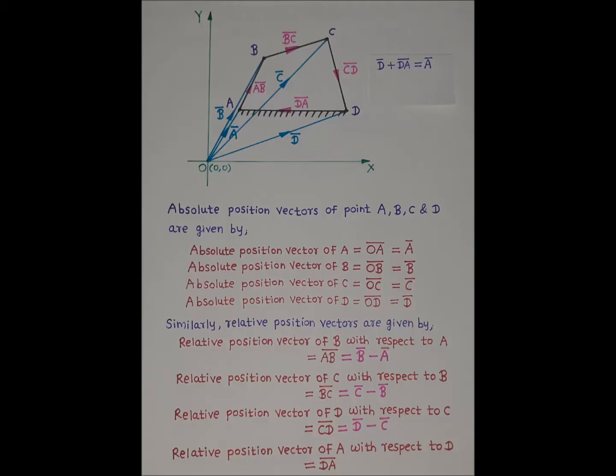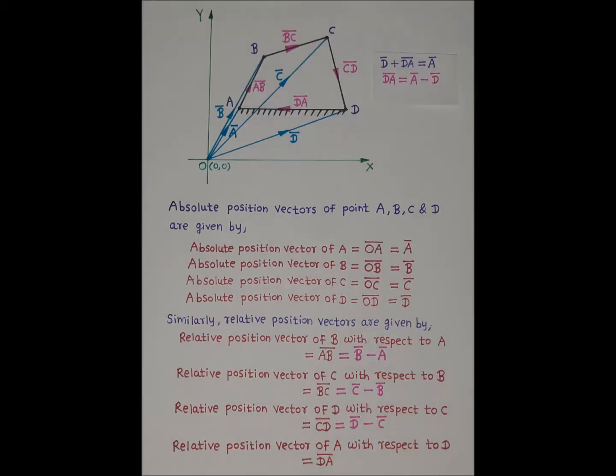Again we will apply property of triangle, or we can say we will use triangle law of vector addition. So what can we write? We can write relation like this: D bar plus DA bar is equal to A bar. We can rearrange terms, and for DA bar we can have relation as A bar minus D bar.